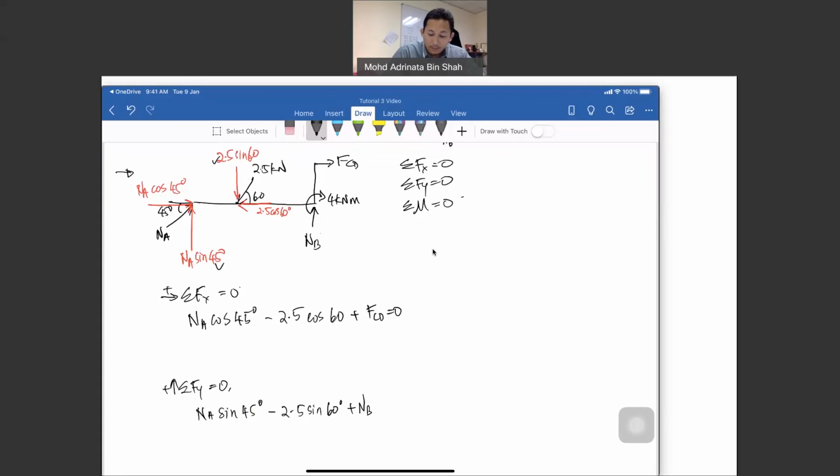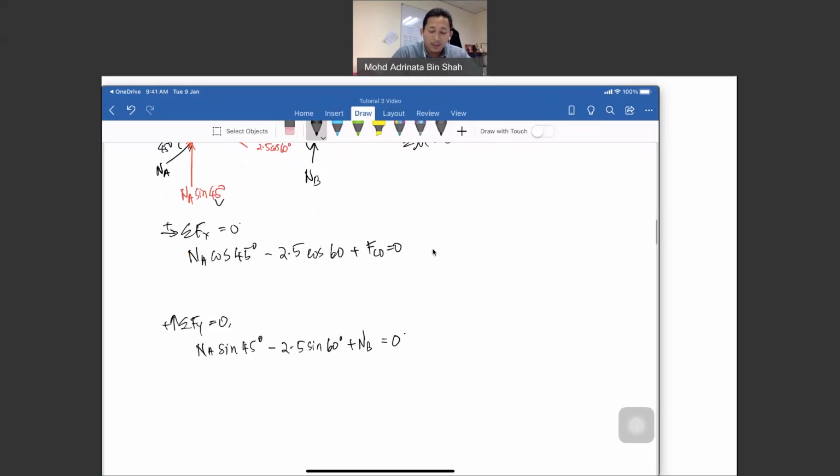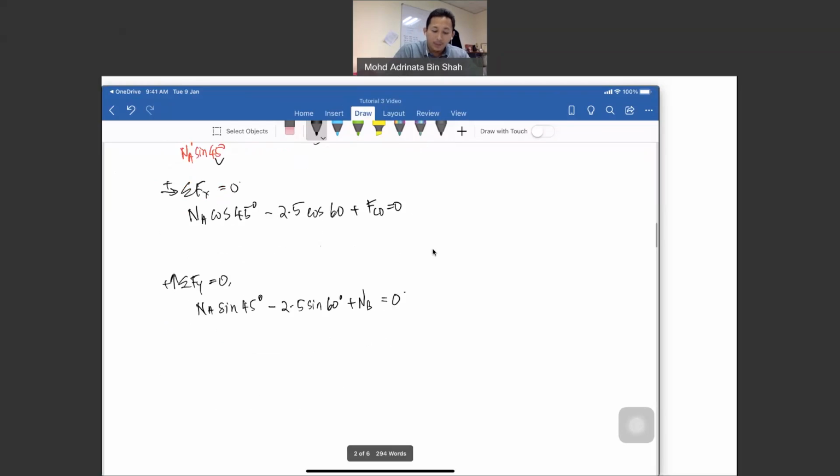It equals to 0. So we have two unknowns, NA and NB, so we cannot solve the equation. If we join the equation for Fx and Fy, we have three unknowns, two equations, so we cannot solve our problem.